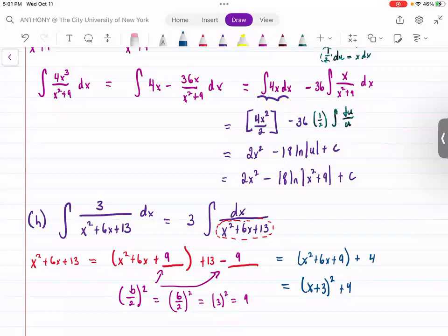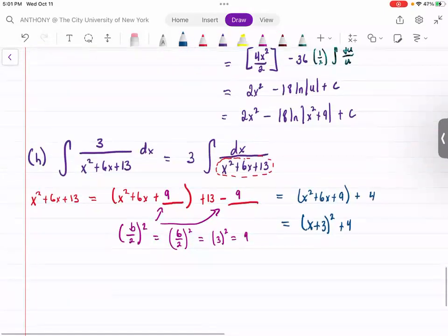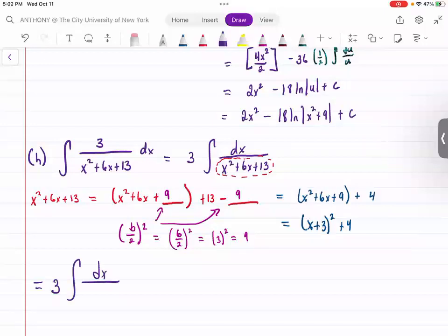Now that I have completed the square, going back to our integral, originally we had the 3 on the outside, dx on top, now divided by x plus 3 squared plus 4. The dx was already on the top. Now look at the denominator.